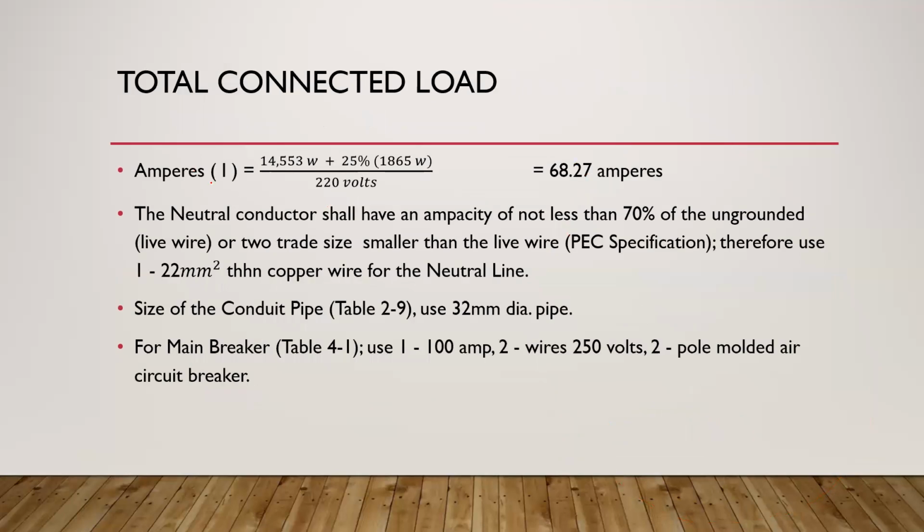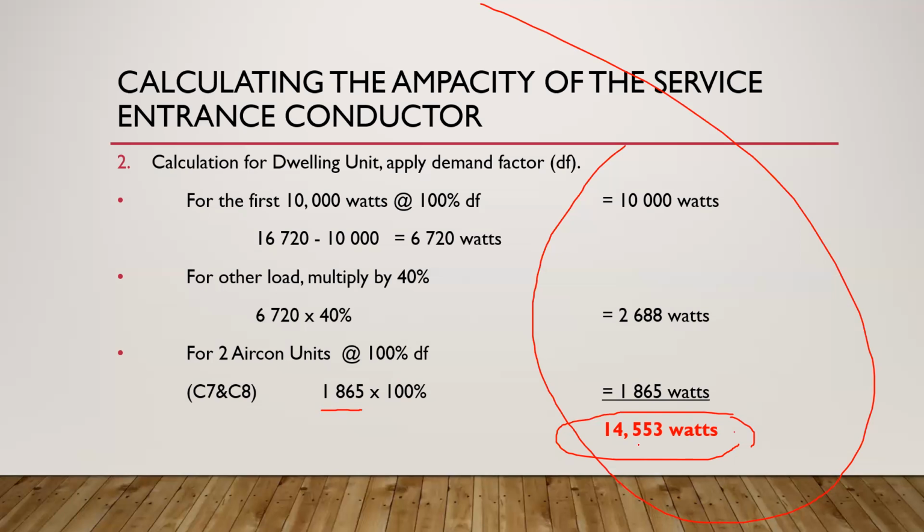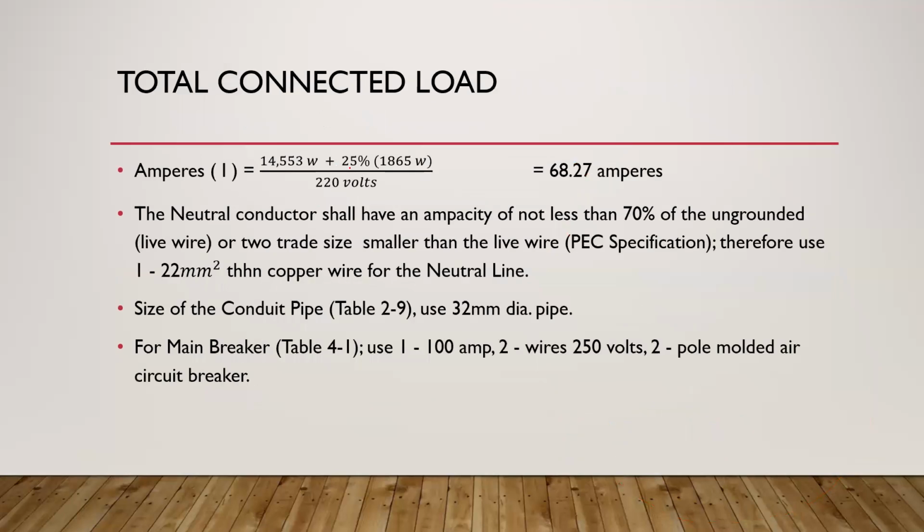So para makuha ang kanyang current load ng ating service entrance, from the total natin na 14,553, plus pa tayo ng 25% doon sa ating highest motor or yung pinakamabigat na equipment or appliance, which is aircon.